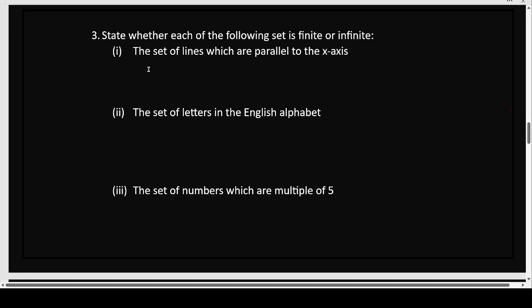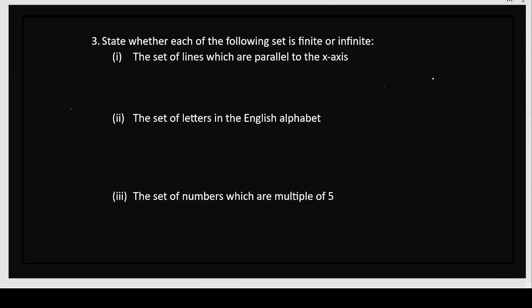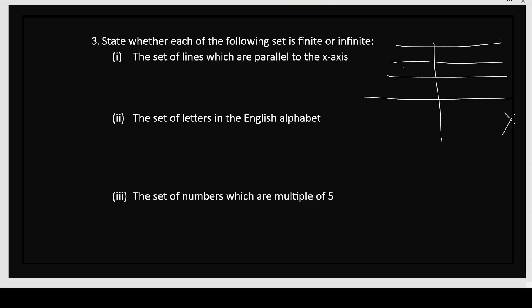Next, the third question. State whether each of the following sets is finite or infinite. The set of lines which are parallel to the x-axis. This is the x-axis. How many lines can we draw like this parallel to the x-axis?